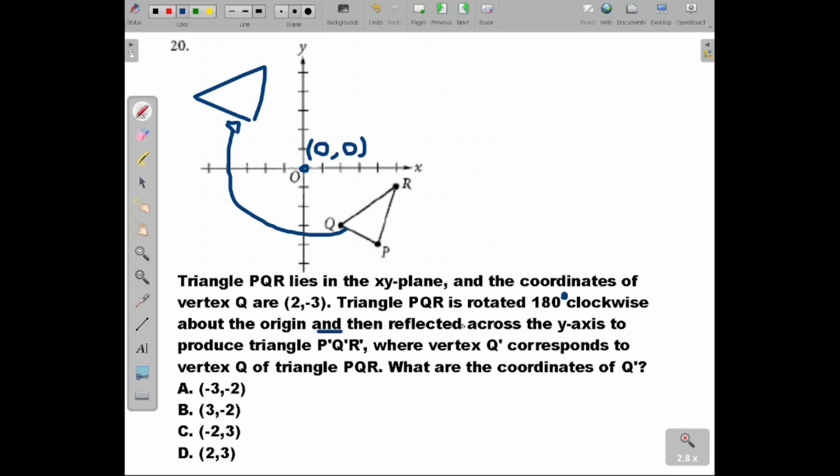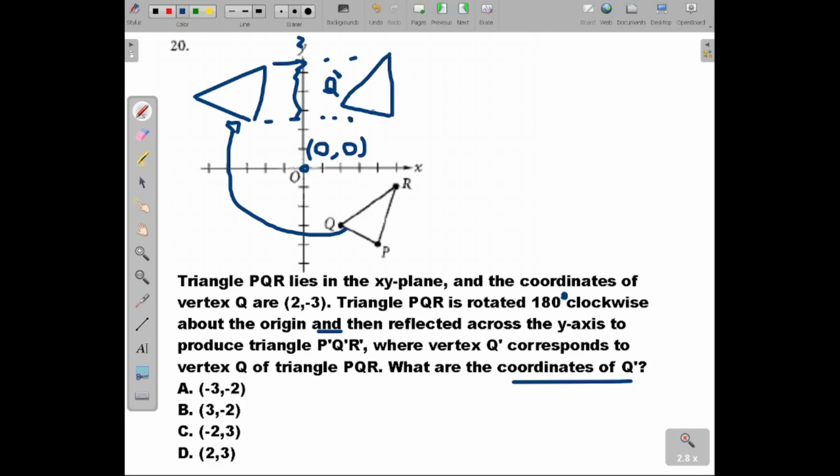And then reflected across the y-axis. Reflected across the y-axis means that the triangle will look as in a mirror across the y-axis, so it will move to around that position. And this is the new coordinate for Q. What are those coordinates?